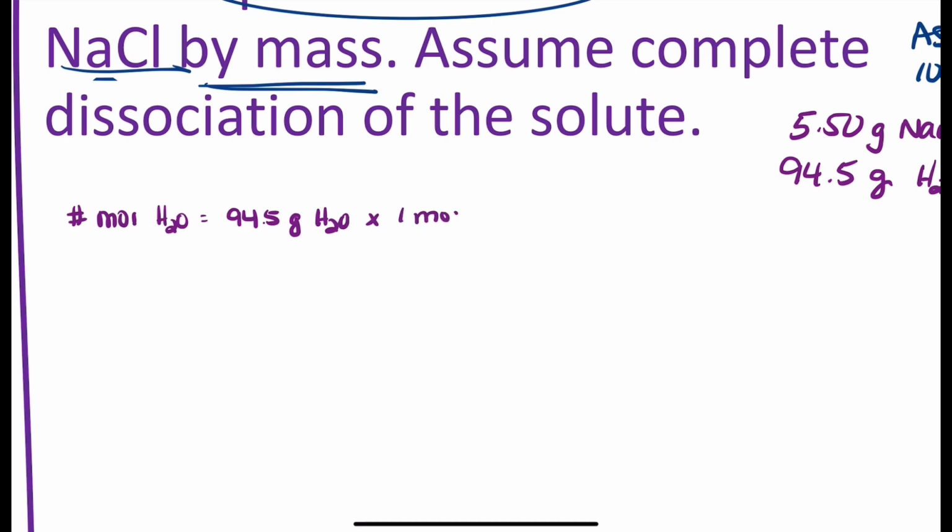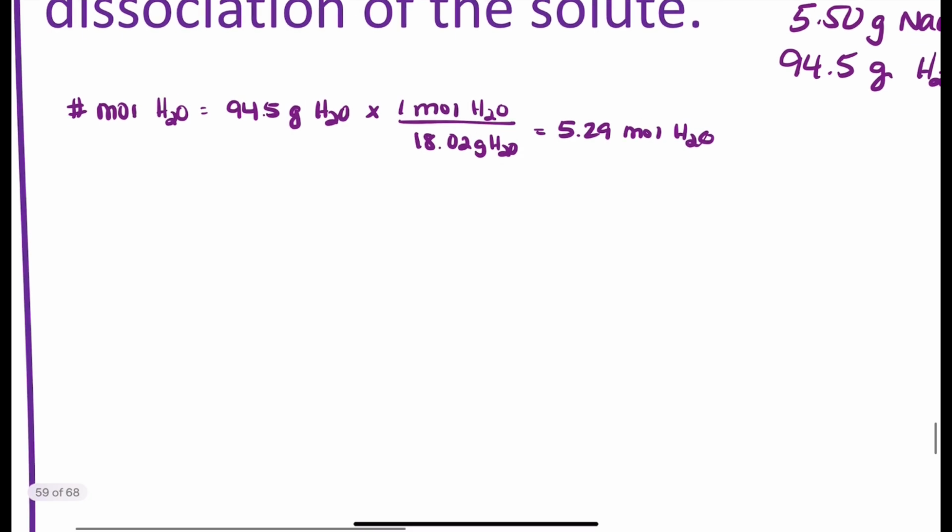I know that 1 mole of water is 18.02 grams. This gives me 5.29 moles of water. I'm also going to find the number of moles of ions in solution, which is my Na+ and my Cl-.